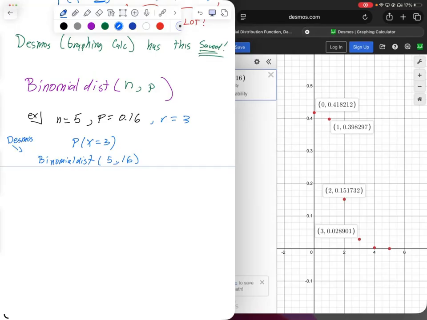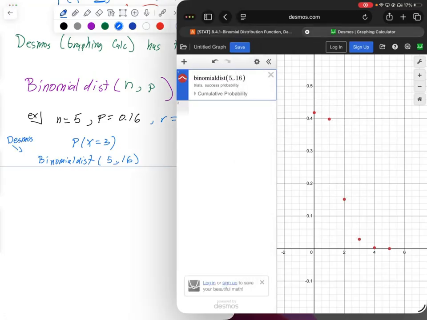Now, I'm going to expand on this in tomorrow's lesson. But for now, I want to show you that all you have to do after you type these is that this has all of the answers. So if we just tap it, 1, 2, 8, there's 3. For when r is 3, the answer is 0.0289, and that's all I have to do.